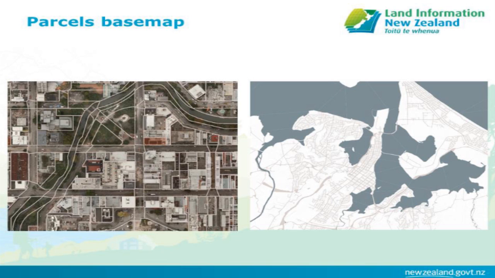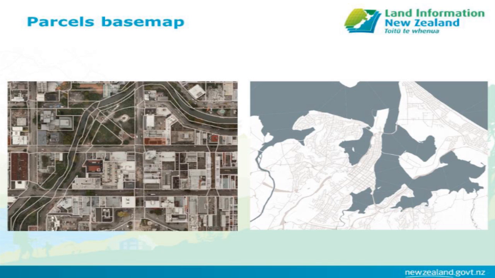And we're going to be initially putting out 2 prototype parcel base maps. One is what we're calling a wireframe, which is basically just an outline of the parcel, with a transparent fill on it. And the main reason for that is you'll be able to overlay that over the top of other data sets. So in this example here, we've got the imagery data set underneath, and we've just overlaid the Parcels wireframe on that.